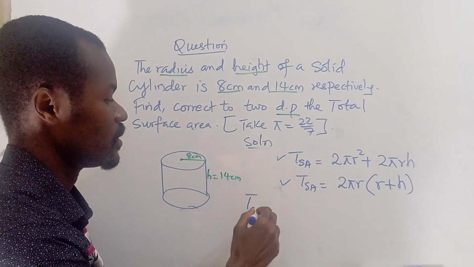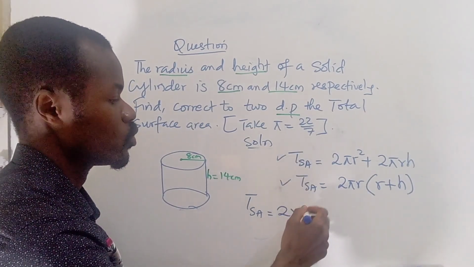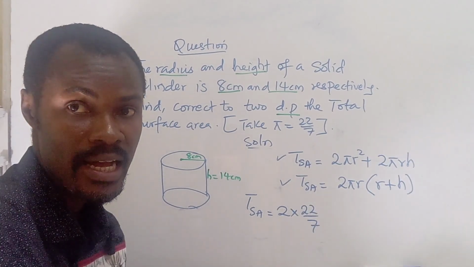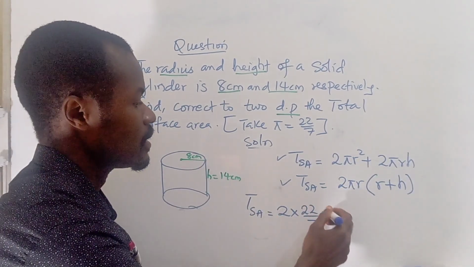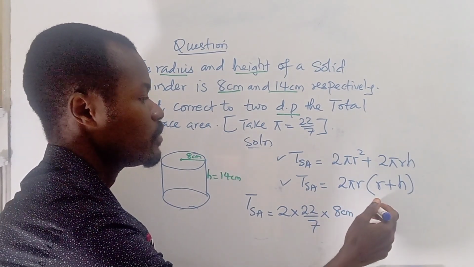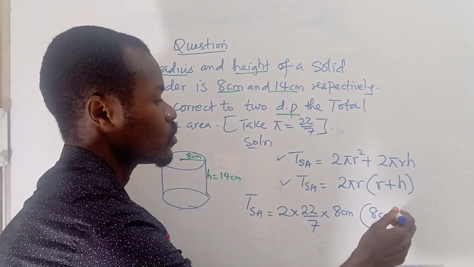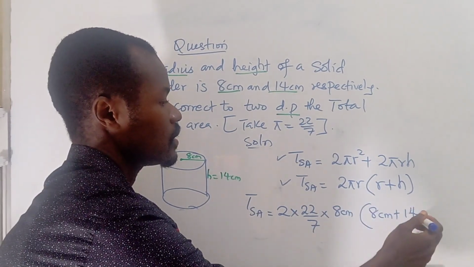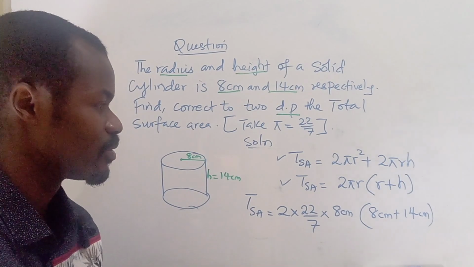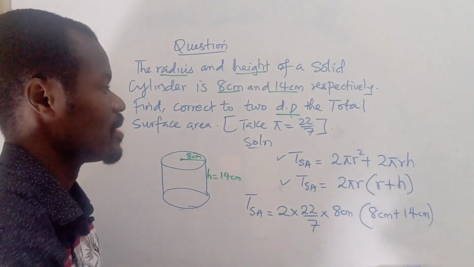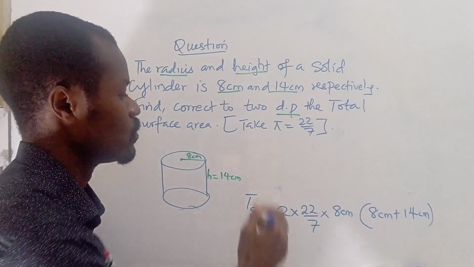So our total surface area is going to be 2 multiplied by our pi, which is 22 divided by 7, according to the question, times r, which is 8 centimeter, plus the height, which is 14 centimeter, in brackets. All we need to do is simplify all that to get our answer. So let's solve that step by step and see what that gives us.